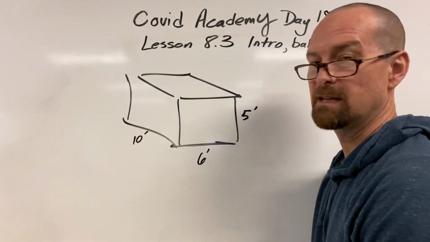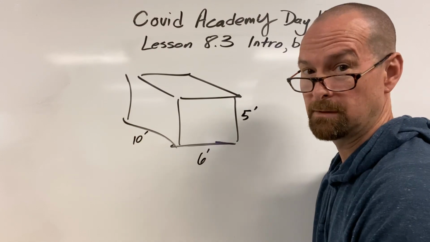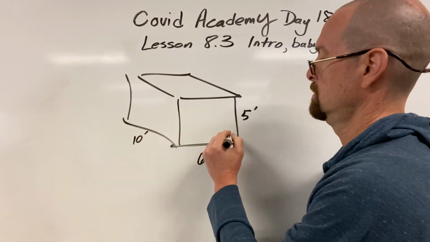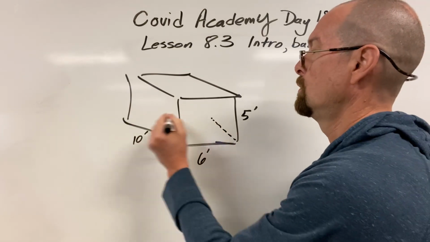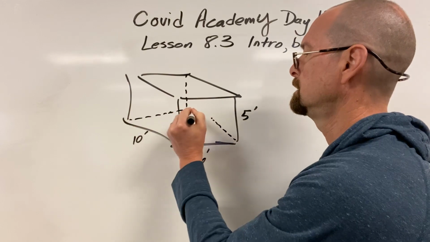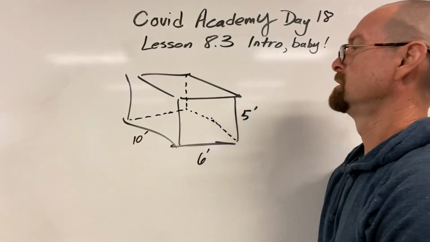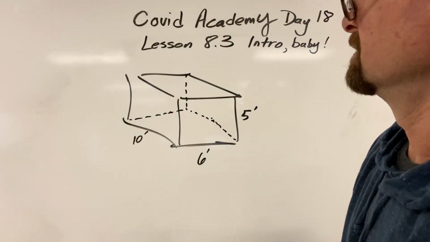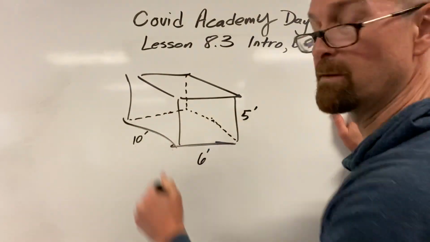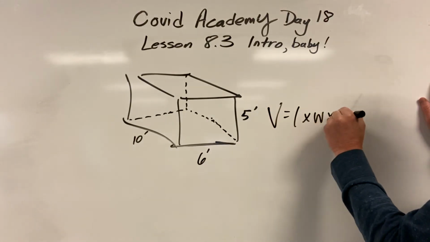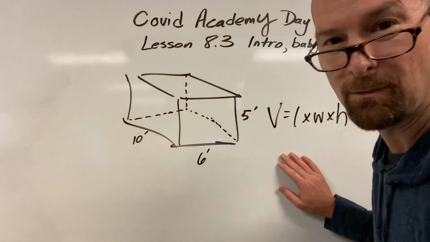To find out the volume, that's the amount of three-dimensional space in my object, I've got to multiply the length times the width times the height. And it doesn't matter which one you call the length.